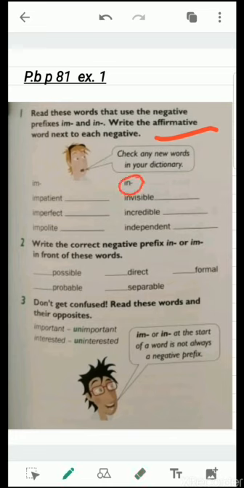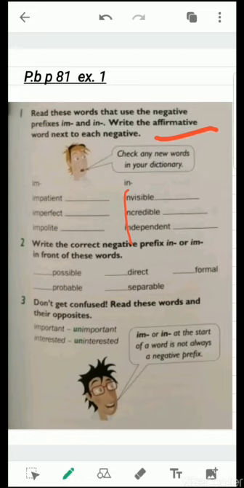Invisible, which means غير مرئي. So what can we write? We can write visible alone without in. So you have to omit the in prefix. Incredible, غير معقول.